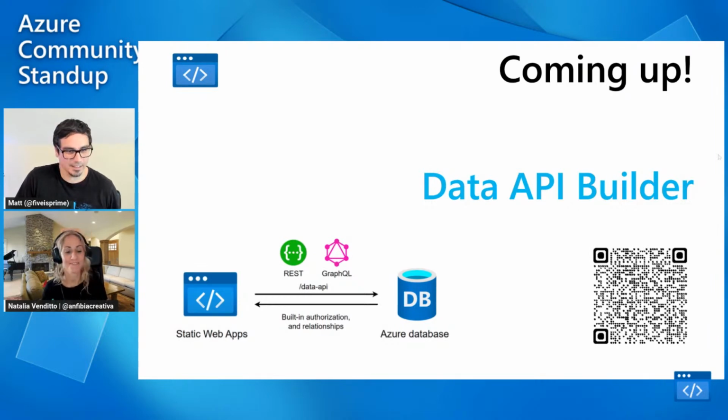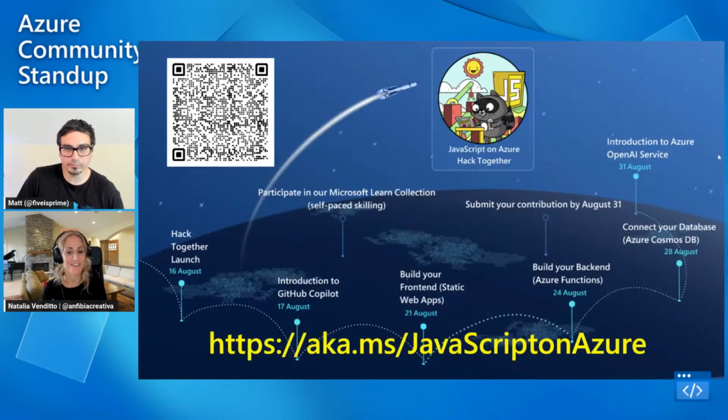Yeah, that's amazing. So again, if you want to do it in the context of the hackathon that is taking place right now, you can go to aka.ms/JavaScript on Azure. That's our JavaScript main page on the Learn portal.